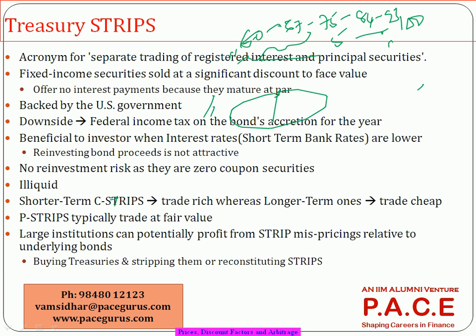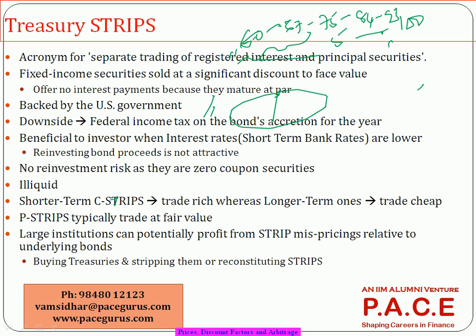In a normal case, after 5 years the 40 has to be looked at as your gain, and the tax on 40 has to be paid. But in these coupon strips, the tax is levied at each period, whereas in principal strip that is not applicable.